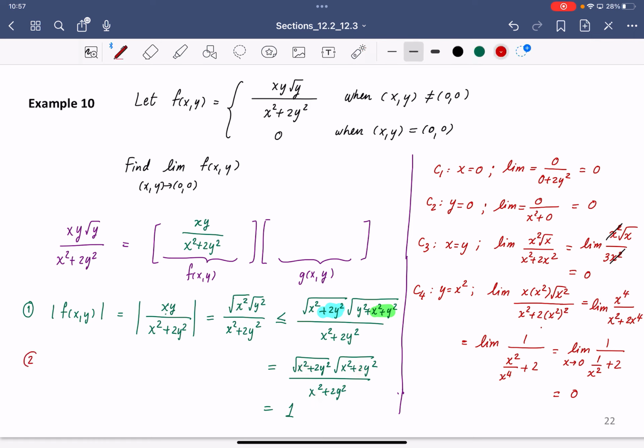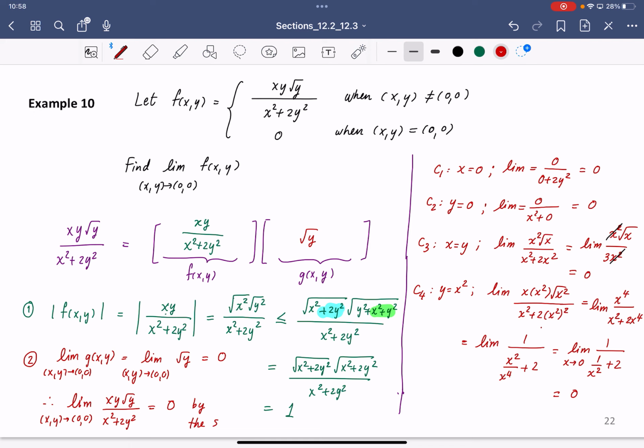All right, so number 2 is the limit of g. What you have left about g is the square root of y, so just kick it over there. The limit of the square root of y as (x,y) goes to (0,0) is actually 0. And it means by the squeezing theorem that the limit as (x,y) goes to (0,0) of xy times the square root of y over x squared plus 2y squared equals 0.